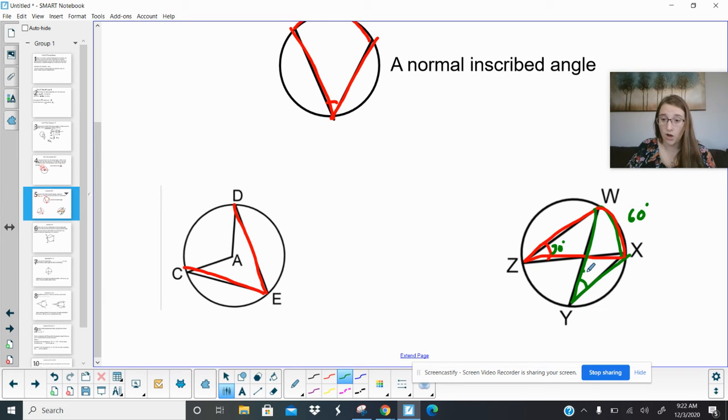So this angle is also half of 60. So it ended up being that those angles are the same because they open up to the same arc. They are not the same as the arc, but they are the same as each other because they open up to the same arc. So that was that picture.